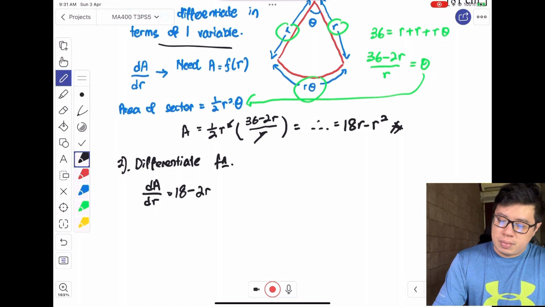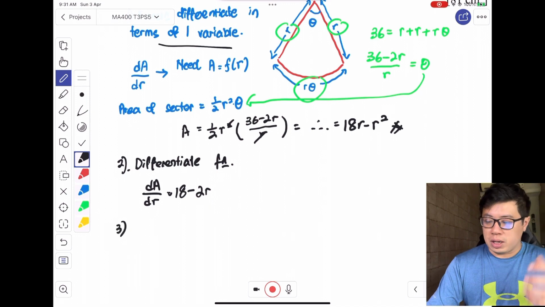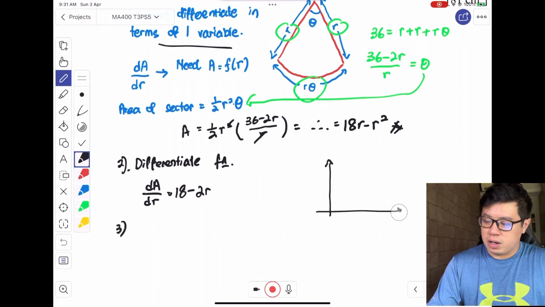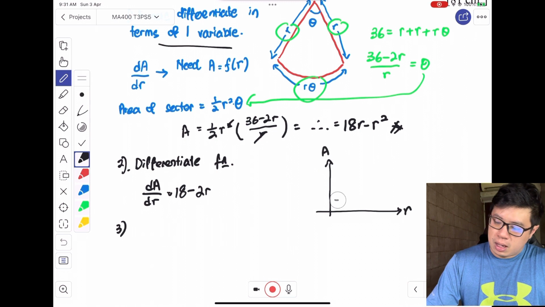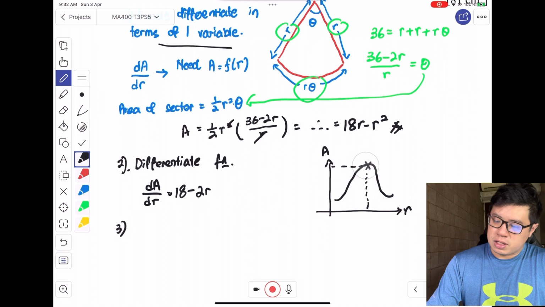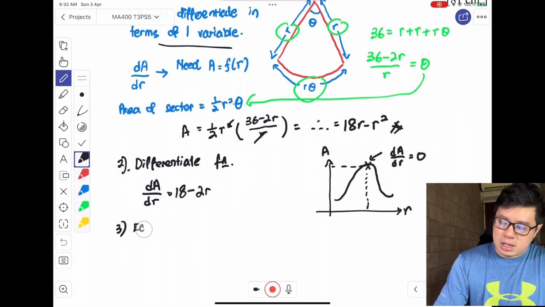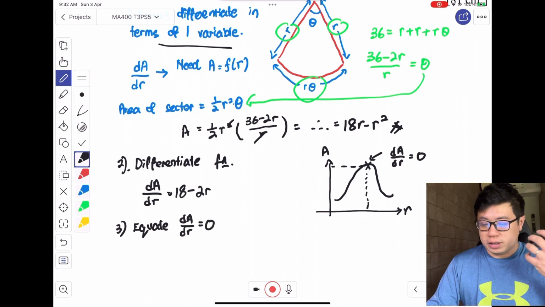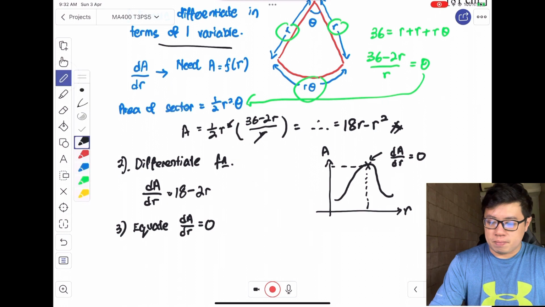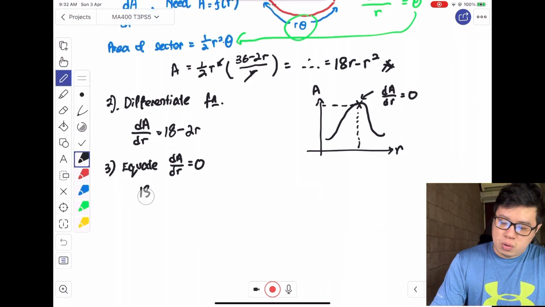Being the maximum area, imagine there's a particular r that gives us the maximum area, and at this maximum point the gradient will be 0. So we equate dA dr, which is 18 minus 2r, to 0 in order to solve for that value of r.